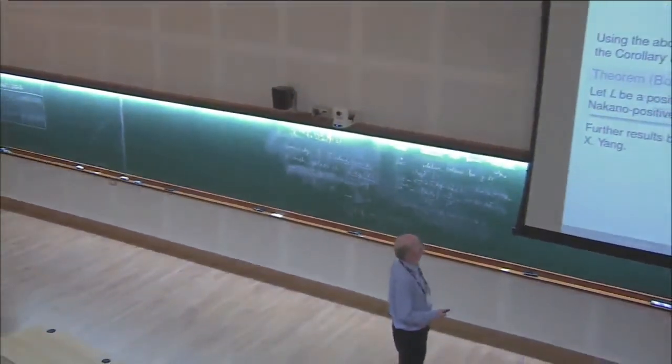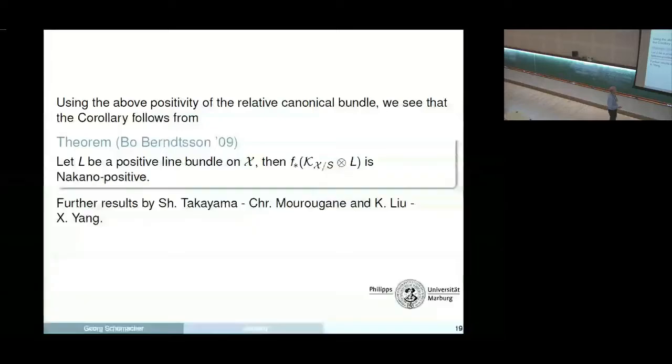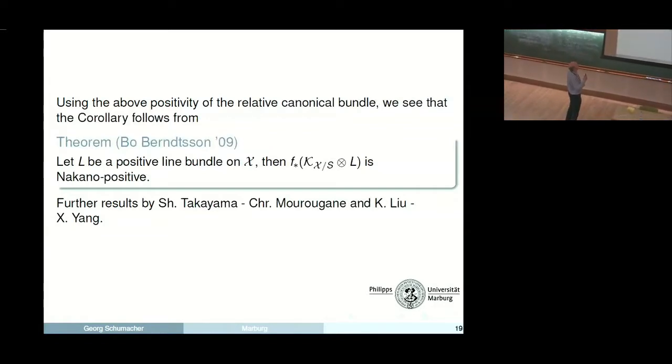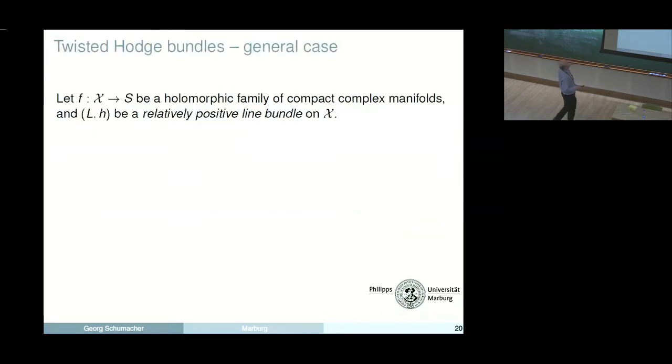Okay, then there exist results by Mourougane, Takayama, and Liu Yang. And so here is something about the twisted Hodge bundles, general case.